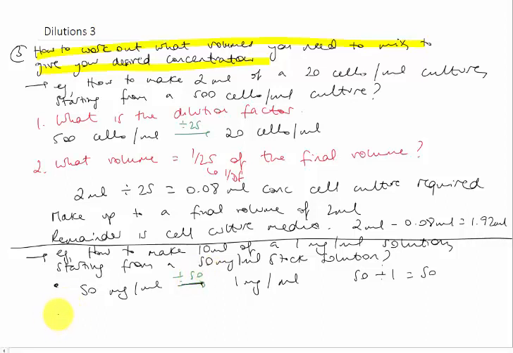Then we have to work out how that corresponds to the proportion of the final volume that we want. So we'd say 10 milliliters divided by 50, because 1/50th of that 10 milliliters will be the concentrated stock solution, so 0.2 milliliters of stock solution would be required.